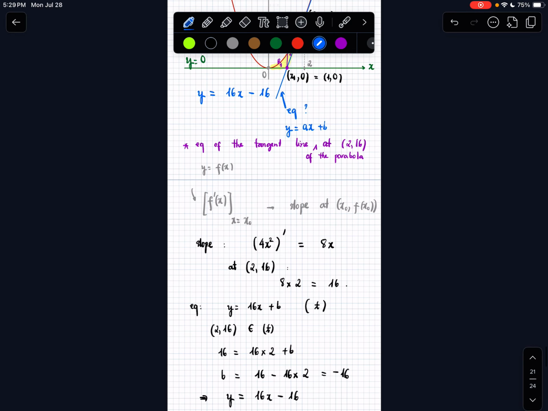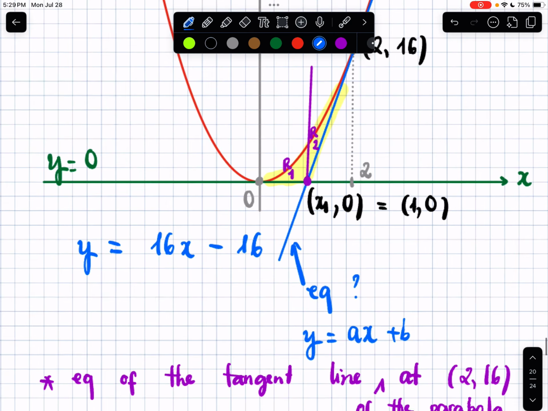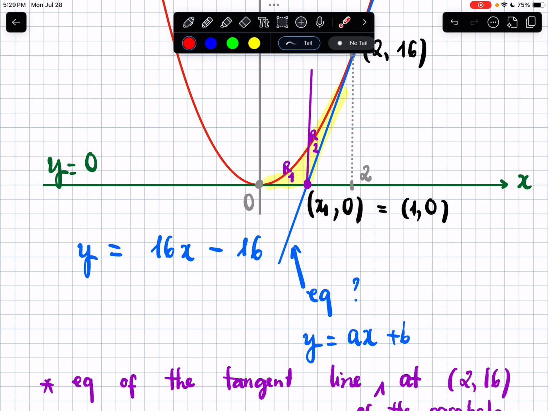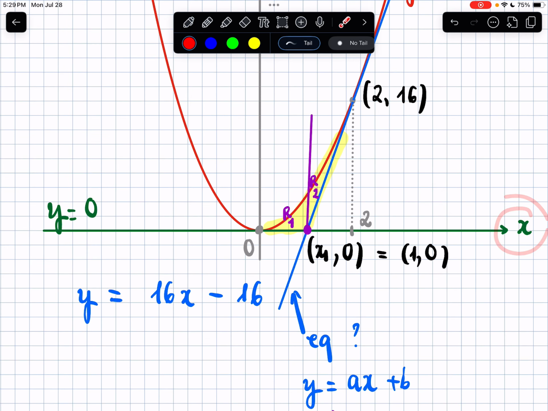In this case, we did it with the integral with respect to dx. We can also set up the integral with respect to dy. Here's how we do it. We can find this intersection point, which is (2, 16).